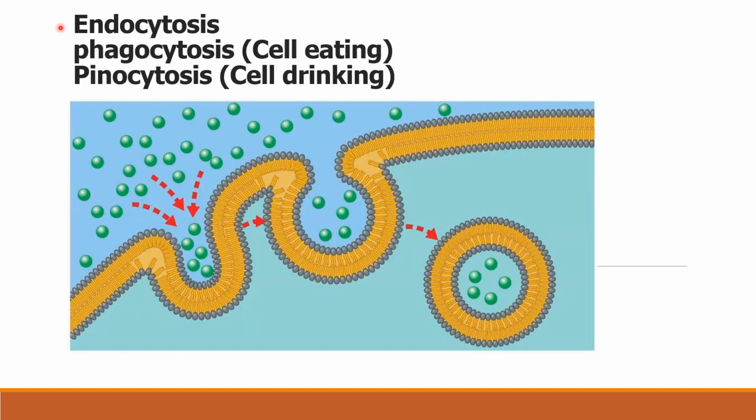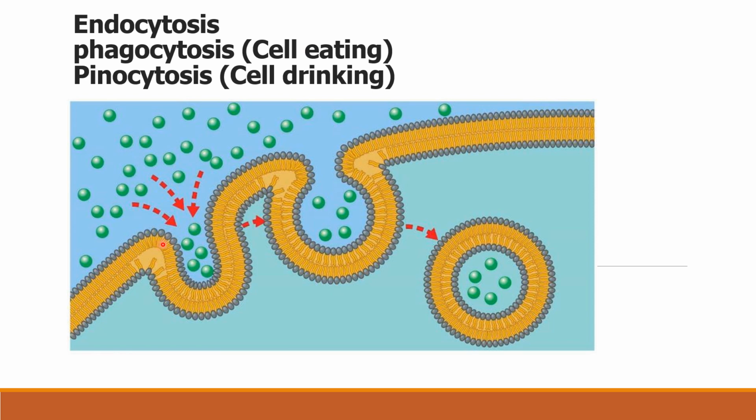Endocytosis, on the other hand, is a process for the cell to take in large bulks of either food or fluids. If the cell is going to take large bulks of food inside of it, we refer to it as phagocytosis. If the cell is to take in large amounts of fluid, we refer to it as pinocytosis.